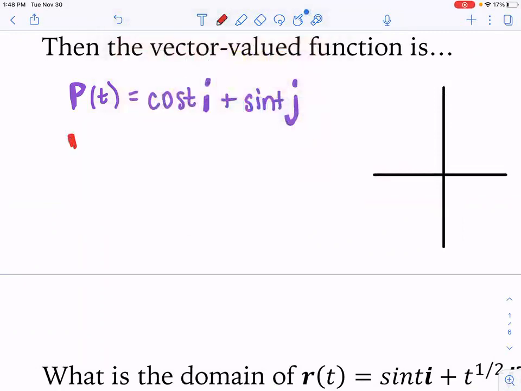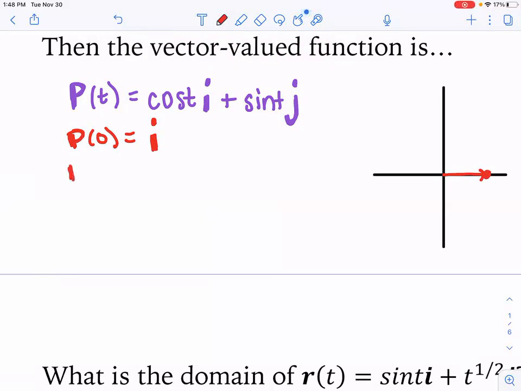What would p of 0 be? 1 i. So that gives us this vector that leads us to that coordinate.